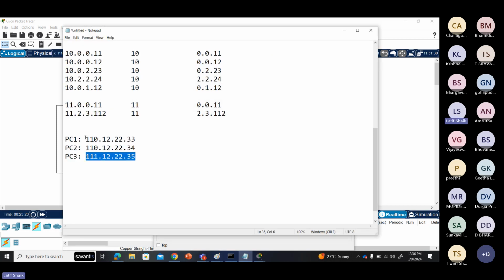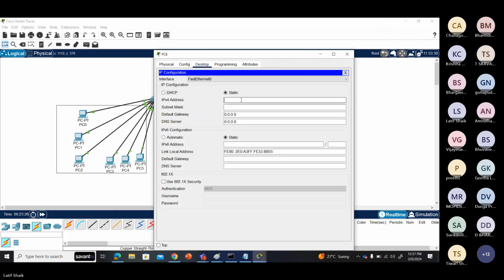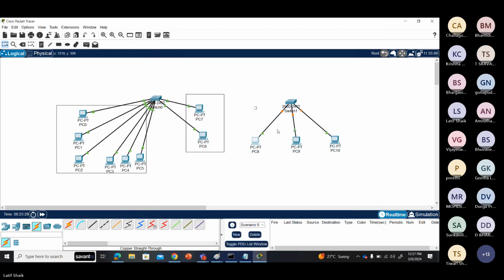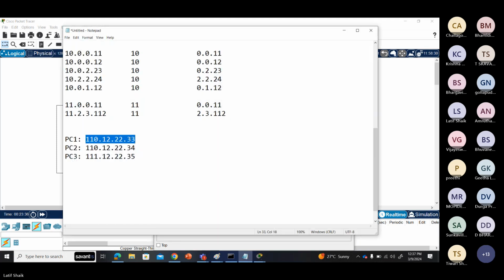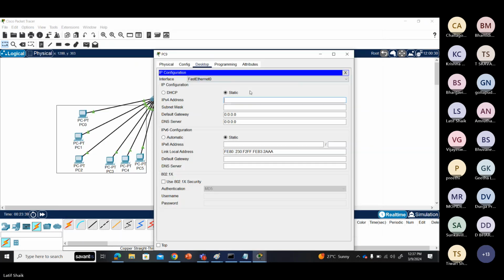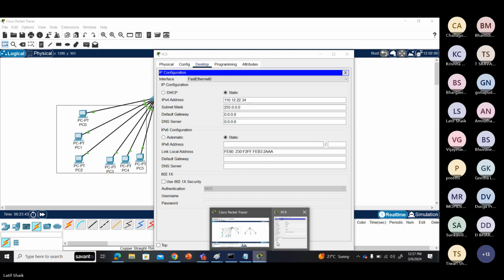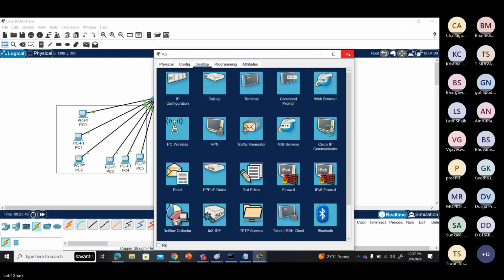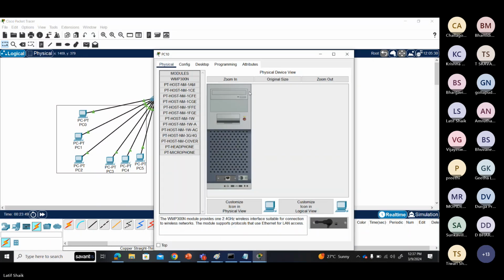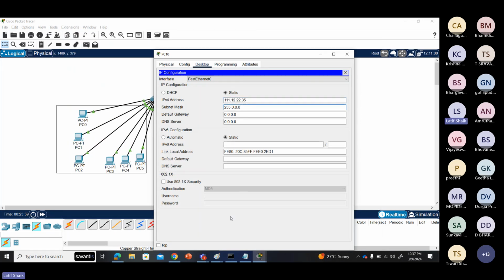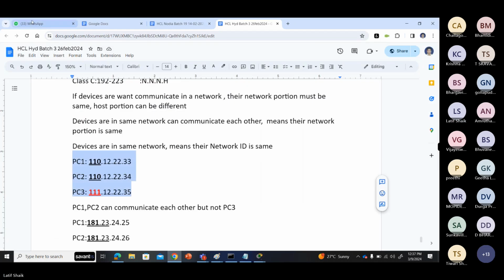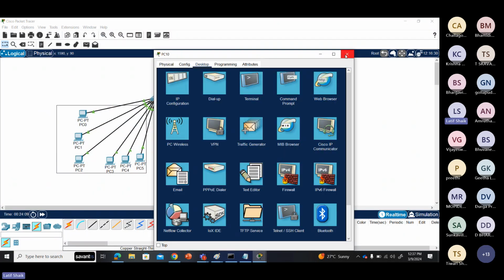Where is our IP address? PC1. Okay, so I send to an IP address.